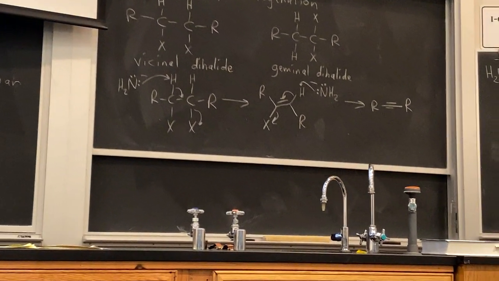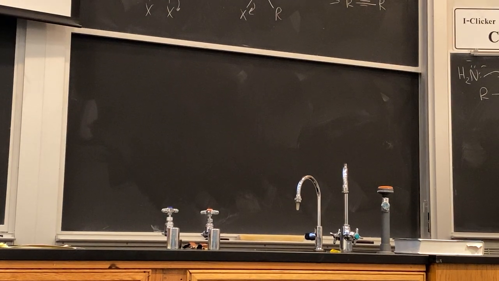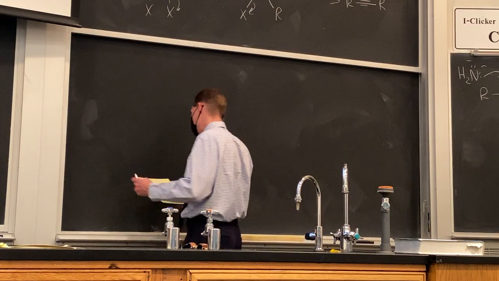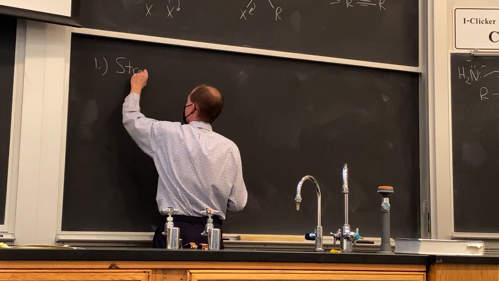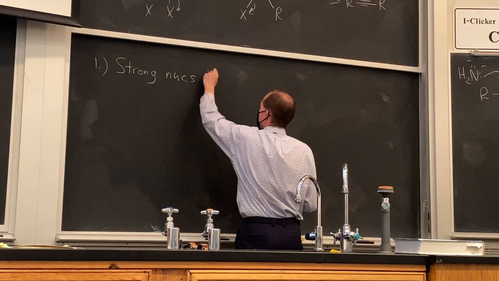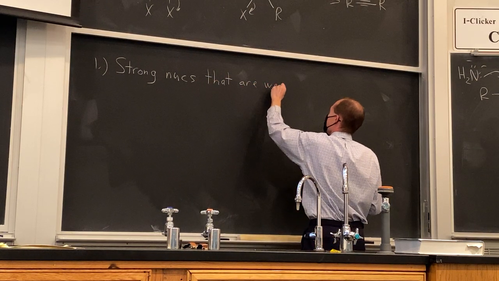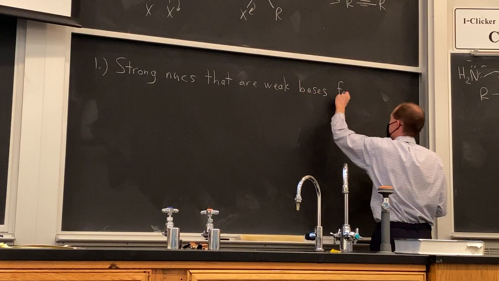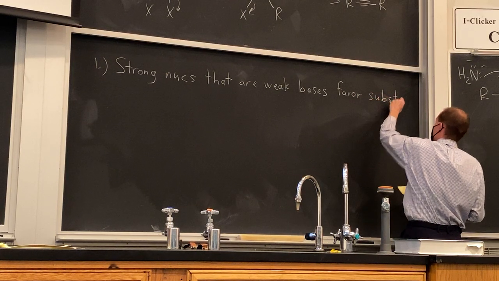Well, there are a few generalizations that we can use that will help us figure these things out. The first one is strong nucleophiles that are weak bases favor substitution. Okay?